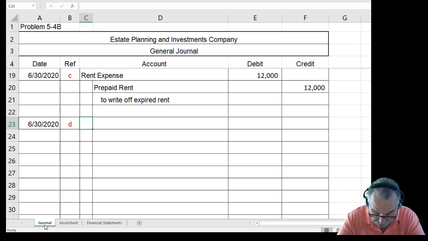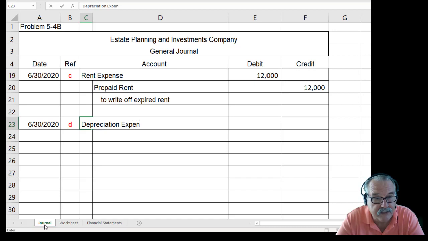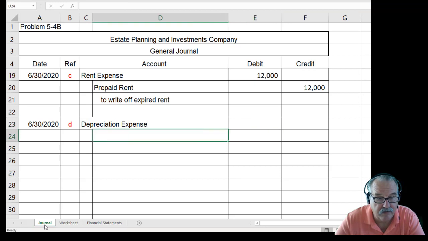But the accounts that we're going to use is our depreciation expense. And notice that in all 4 of these entries, the debit goes to some sort of an expense account. In this case, it's depreciation expense. And we're going to learn a new account called accumulated depreciation equipment.